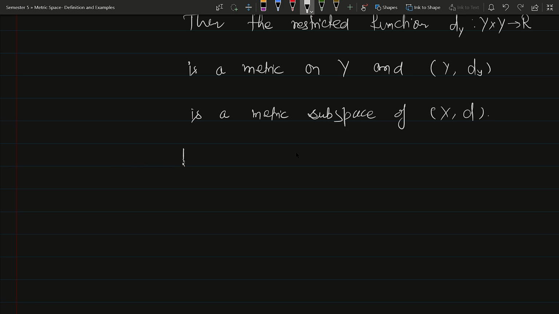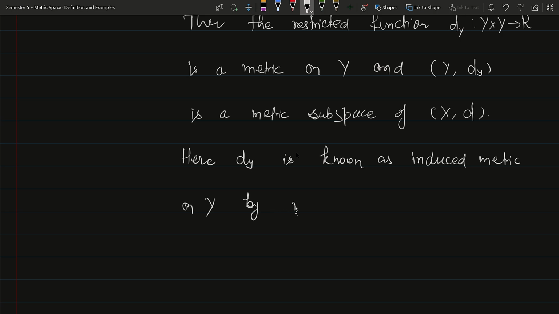Here d_Y is known as induced metric on Y by metric d.